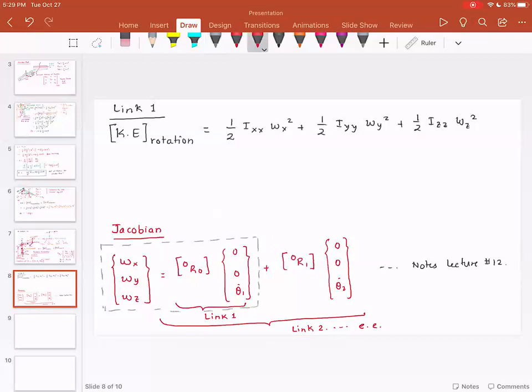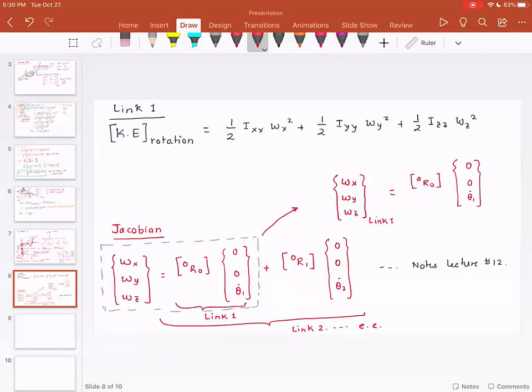Since we are looking for link 1, I will write this expression: omega x, omega y, omega z for link 1 is equal to 0R0 times 0, 0, theta 1 dot.